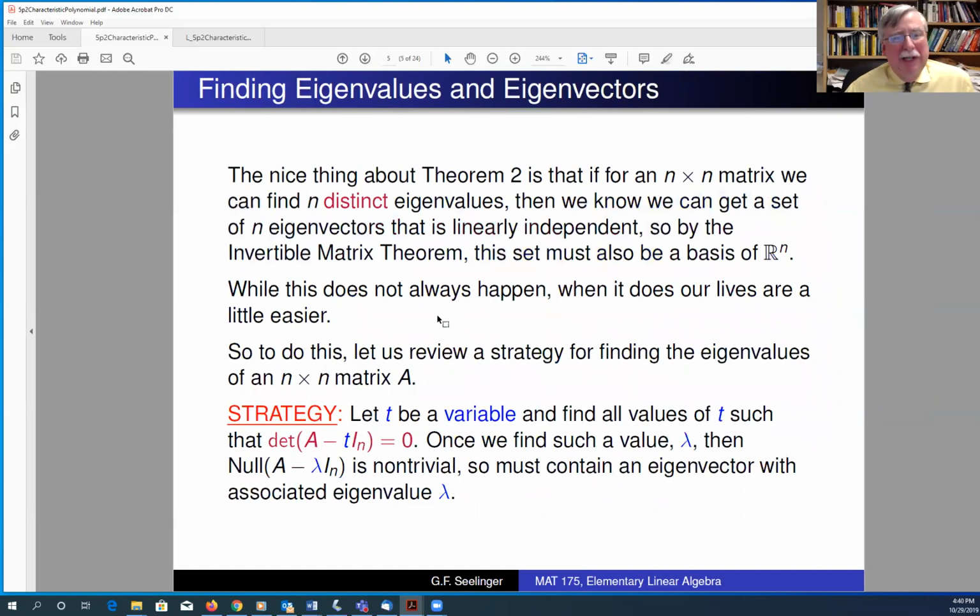And so this led us to our strategy for finding eigenvalues and defining the characteristic polynomial. Our strategy is to let t be a variable and look at the determinant of A minus tI. Whenever that's not invertible, then we have an eigenvalue, okay? And then to find the corresponding eigenvectors, we take the corresponding null space. Once we have those eigenvectors, then we've got the whole situation.